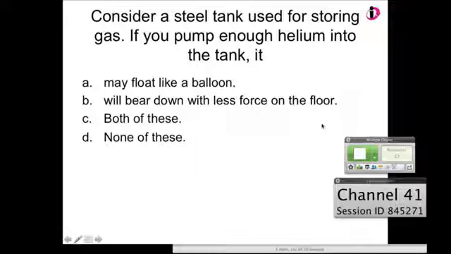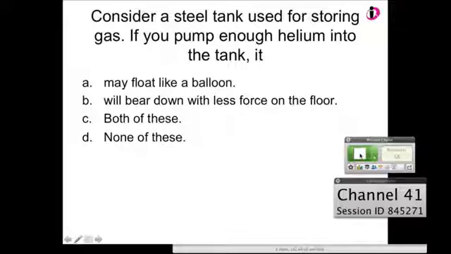Ten seconds isn't enough to pick an answer? Or just because you don't know what the answer is? Well, here we go again. Ten, 9, 8, 7, 6, 5, 4, 3, 2, 1, 0.